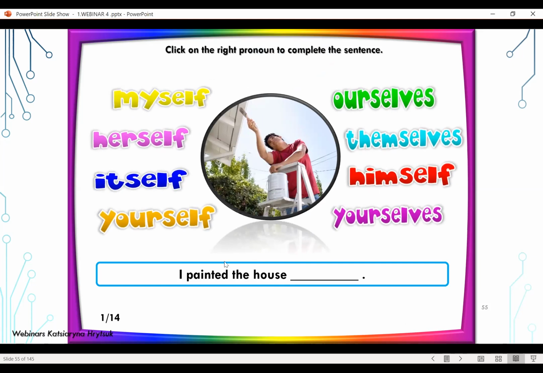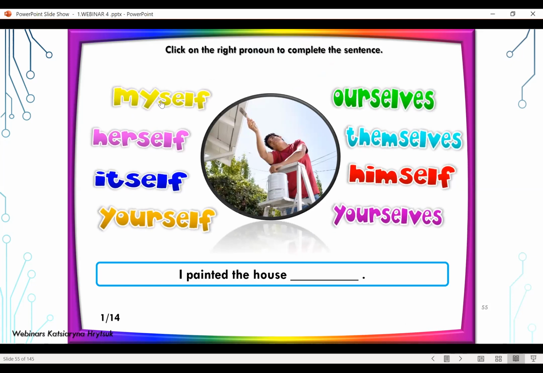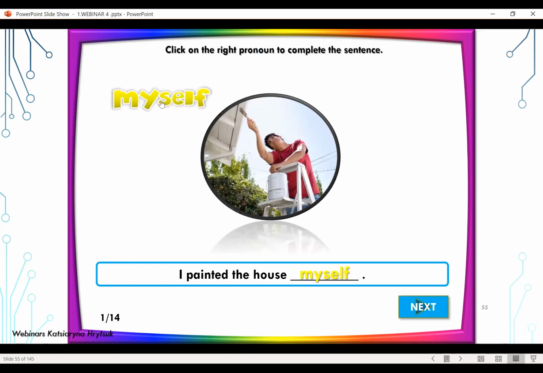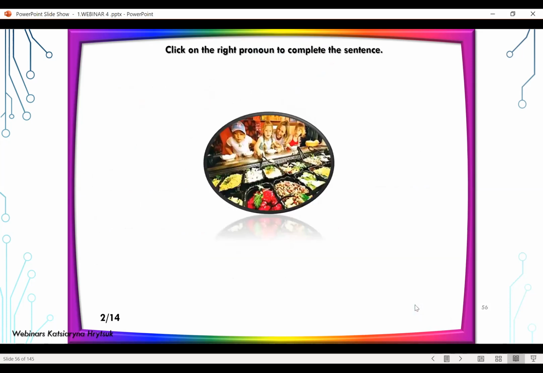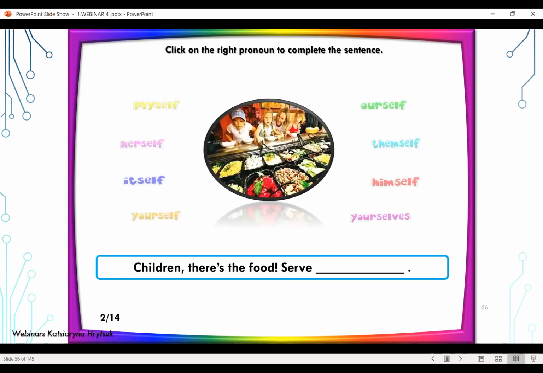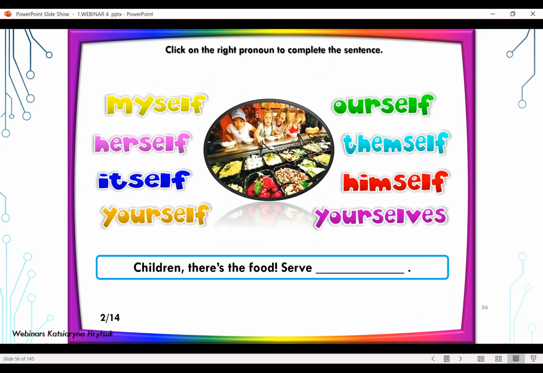Let's read the sentence, please. Emilia. I painted the house myself. Yes, myself, because I goes together with the same reflexive pronoun here. Next, Vika. Children, there's the food. Serve yourselves.